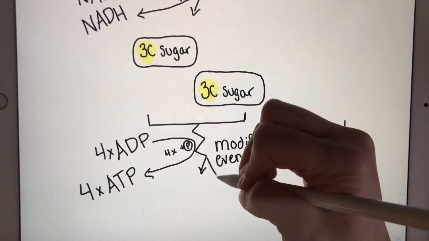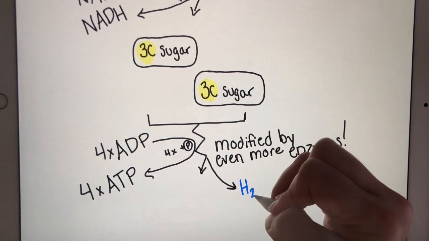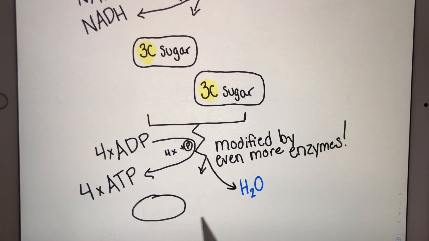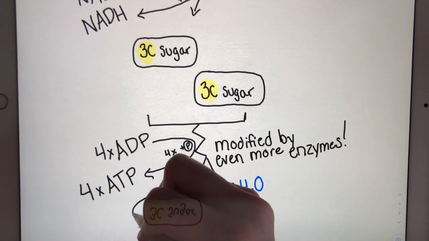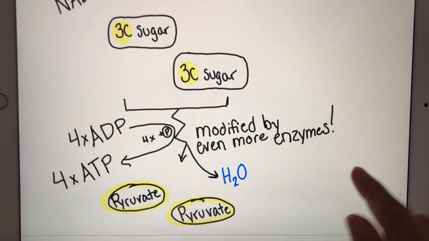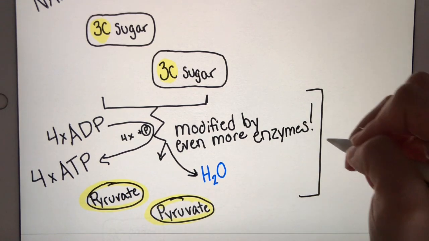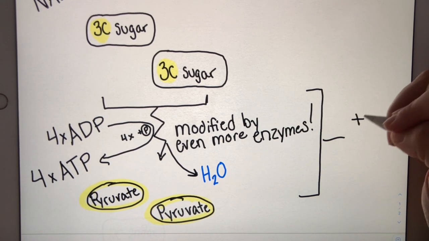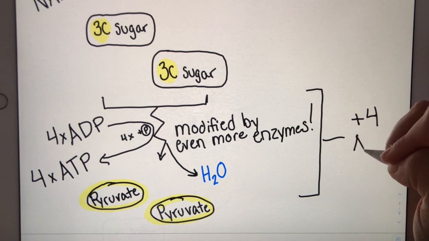What also comes out of this process is some water, which, if we remember our equation for cellular respiration, you'll remember that water is an output. Most importantly, though, is what we get as a result of this modification. We will receive 2 molecules of pyruvate. For this to have happened, we gained 4 molecules of ATP. So I'm going to say plus 4 ATP.